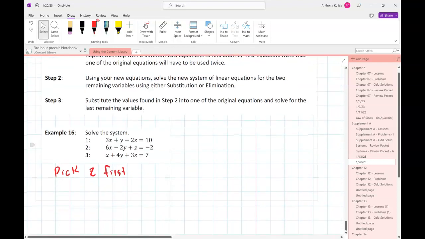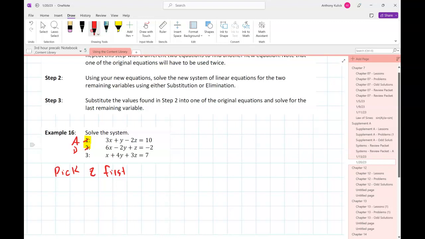Okay, so if I look at equations, again, I'm going to call these A and B. If I look at equations A and B, what do I need to do to eliminate the Z's? Right, that'll eliminate the Z's. And then what do I need to do to eliminate the Z's from equations B and C?